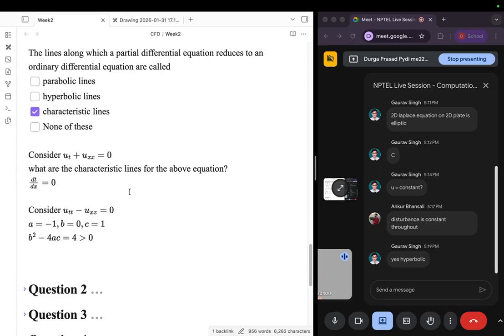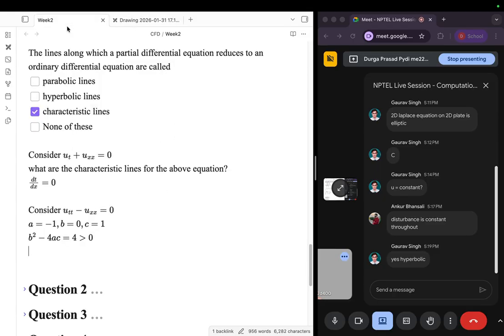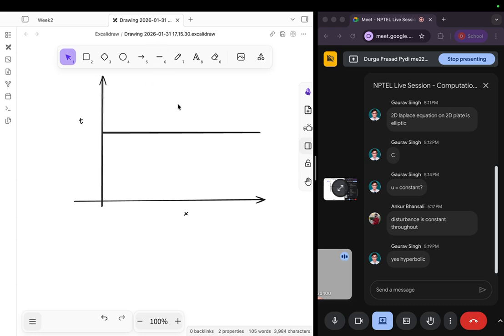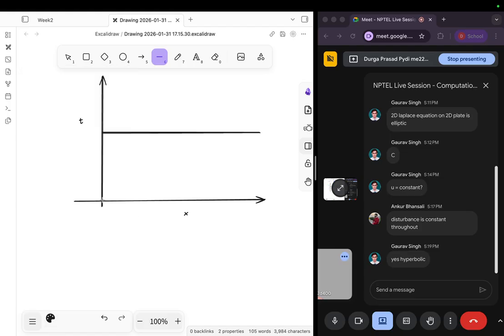So now for this, what will I get as the expression for dt/dx? If I were to draw the same plot as before, how would that look? Here I'll have dt/dx to be plus or minus 1, and if I draw that on the same plot, plus 1 or minus 1, something like this.